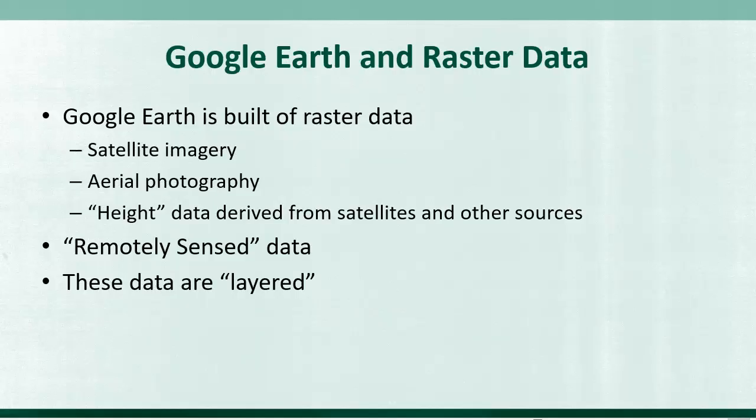Google Earth, for example, is built mostly of raster data, not entirely, but a large portion of it is. The pictures that we see on Google Earth are satellite images, and some of them are aerial photography as well, but both of these images and photographs are essentially built of raster data, or what's called remotely sensed data, data that comes from a satellite that allows us to see a picture of the world.